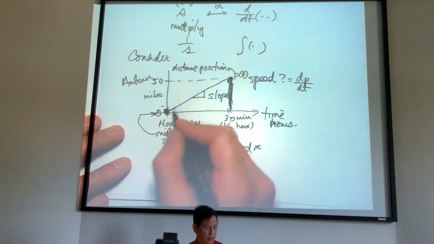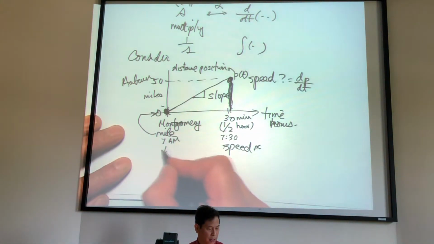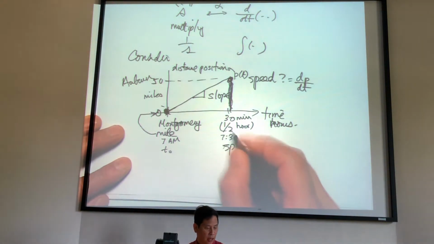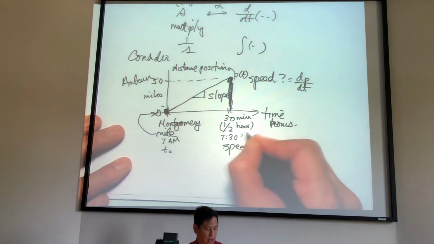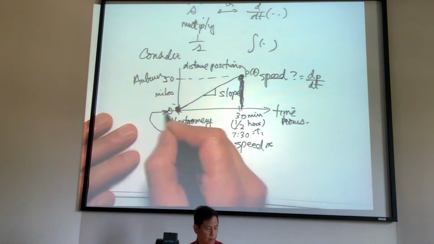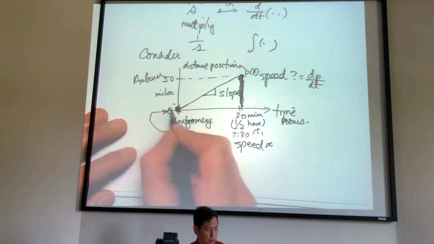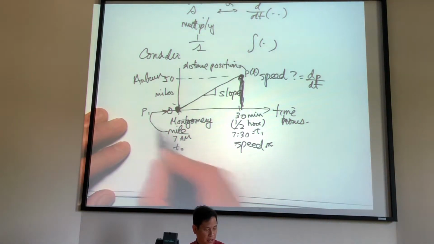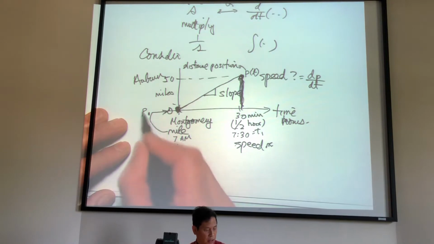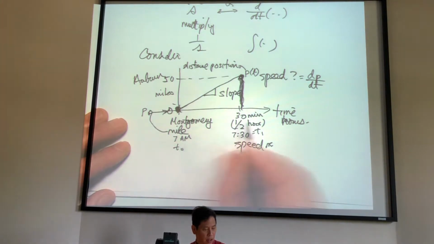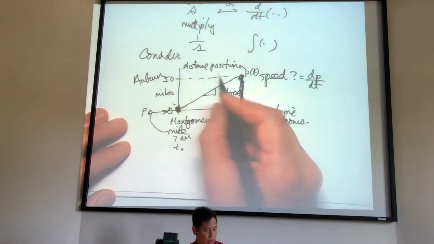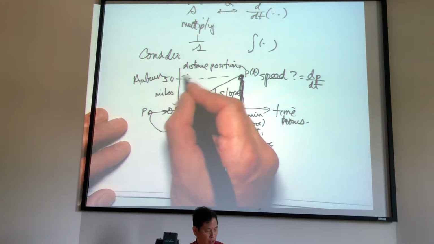Let's call this time t0, and let's call this time t1. This position is p0 because it's associated with time t0, and then t1 gives me position p1.